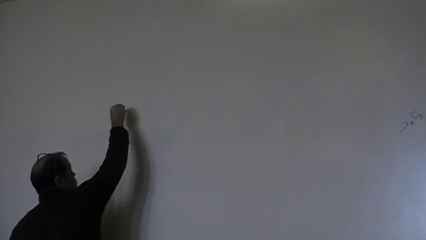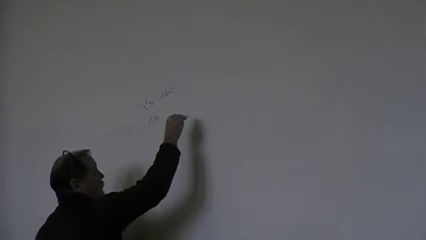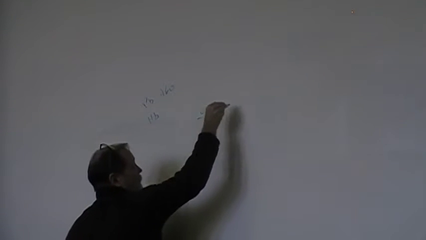So if you know the barometric pressure, say at 760, you know the hemoglobin, well, on an ABG you'll get an arterial, you'll get a mixed venous.